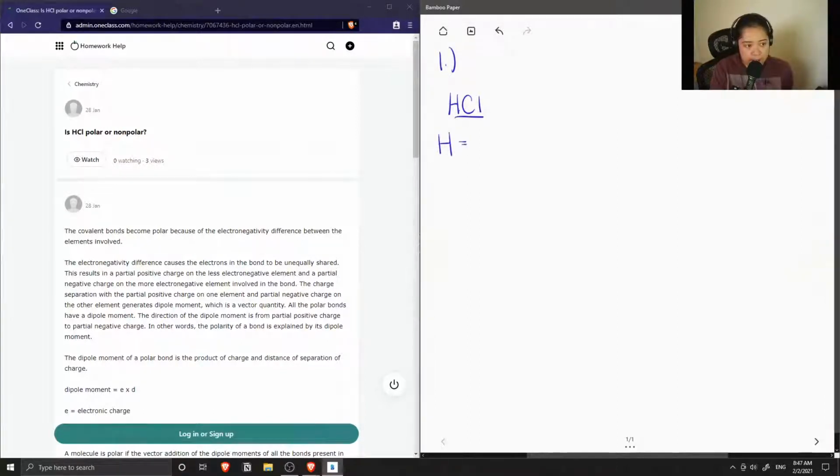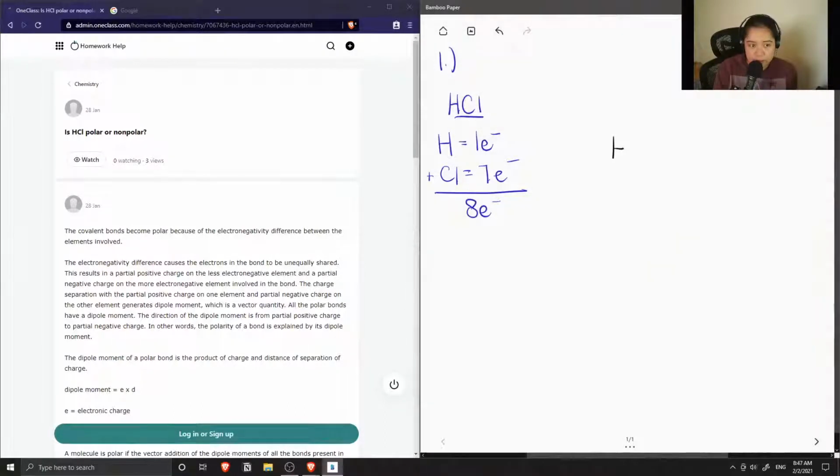Hydrogen has 1 valence electron, and chlorine has 7. So in total, we have 8 valence electrons for this compound. So this will help us determine our Lewis structure.